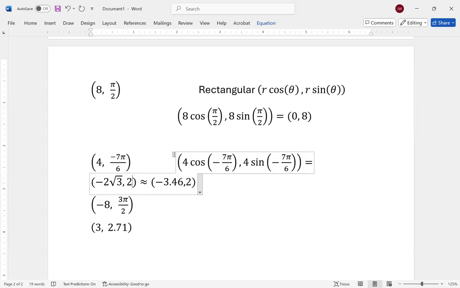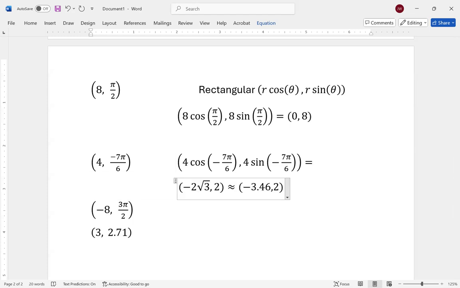So if you're looking for the exact answer, negative 2 times the square root of 3 is that. And again, you could find the exact answer using the unit circle. The fact that cosine of negative 7 pi over 6 is negative root 3 over 2, then multiply that by 4, you get negative 2 root 3. Usually I have people plug in a decimal approximation.